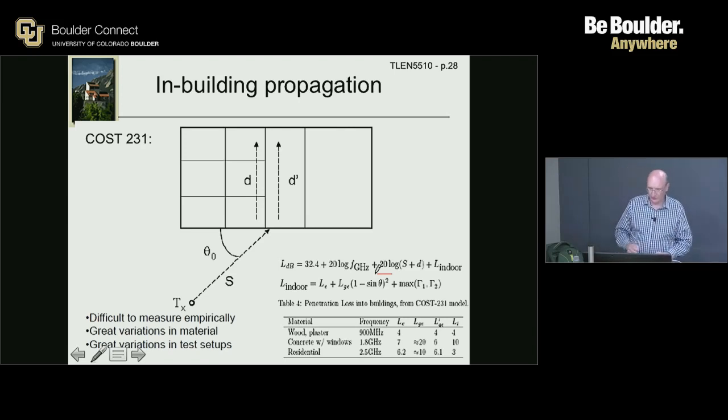And those COST 231 models try to be a good balance between the two. And then, if you look at the detail, that max of gamma 1, gamma 2 is whatever indoor you measure, you also have to add that.